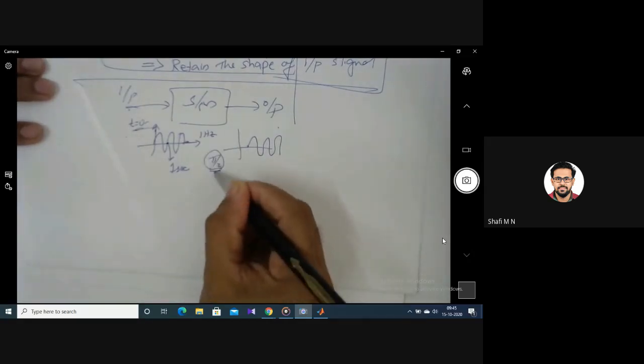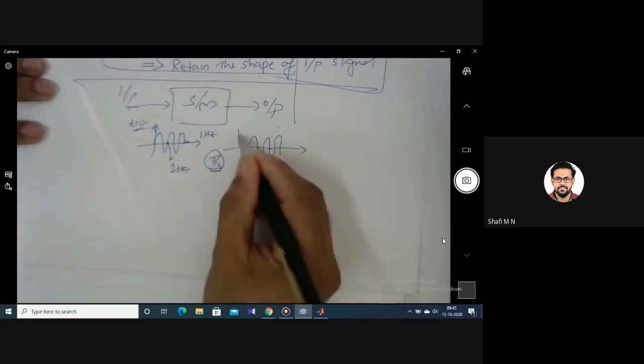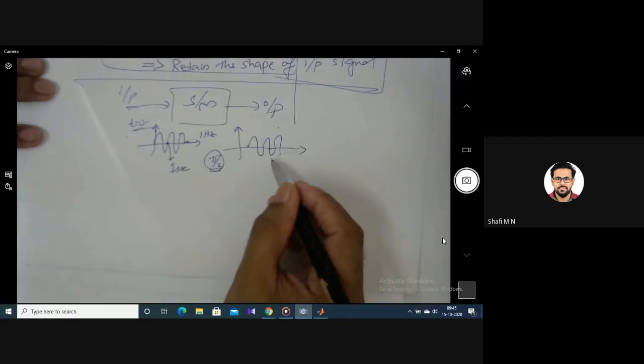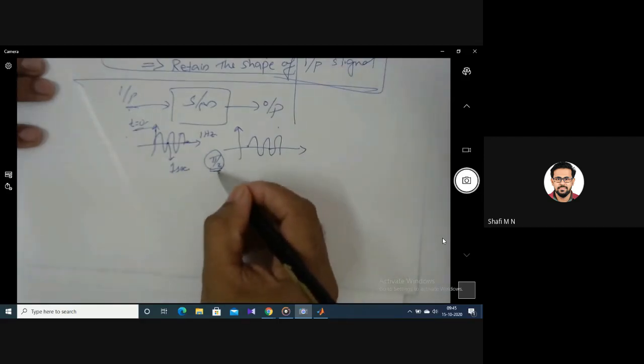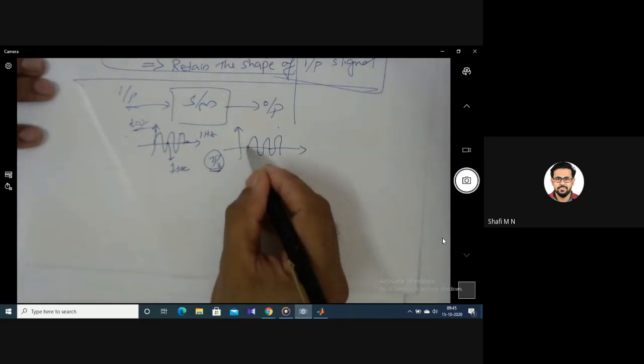Pi/2, isn't it? Phase shift is pi/2. I am going to express it in terms of time. We are going to represent it on the time axis, and that is actually the phase delay. So how will this pi/2 shift appear here? Let's identify which point this will be.